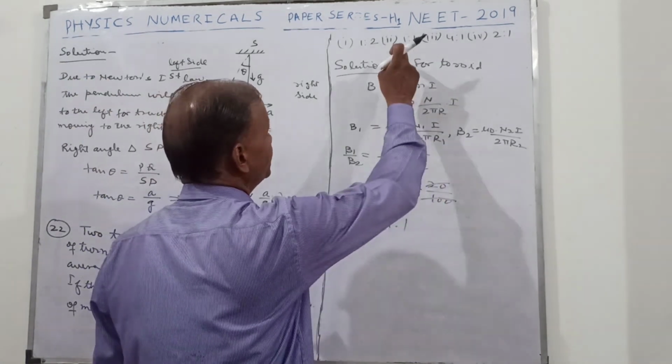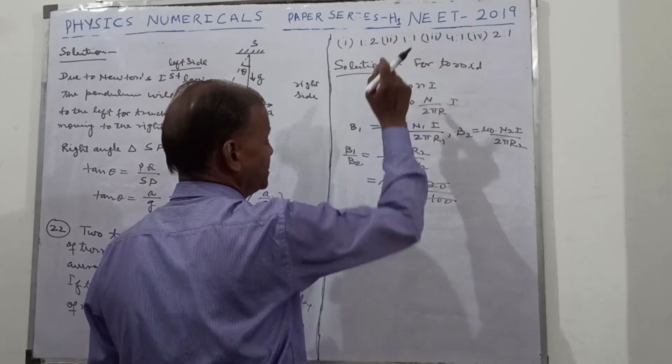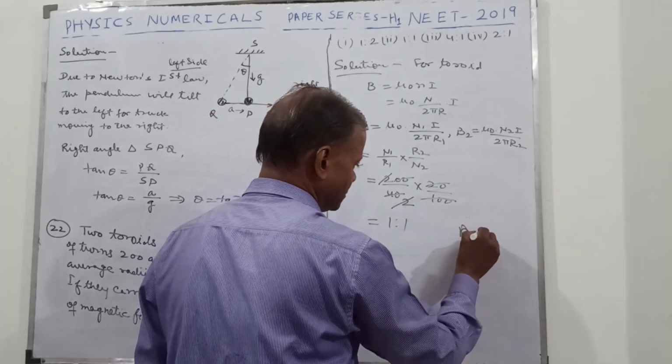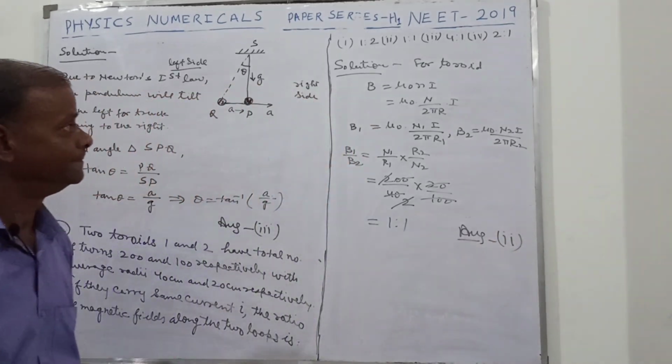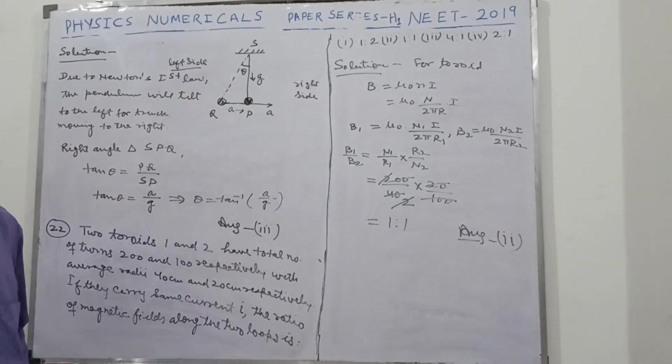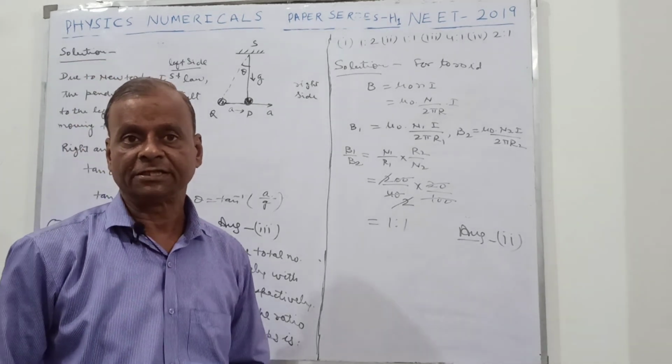So the right option is second. This is the direct application of the magnetic field inside the toroid.